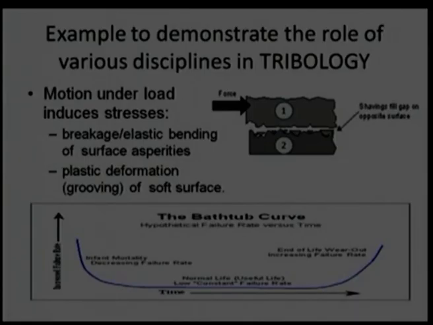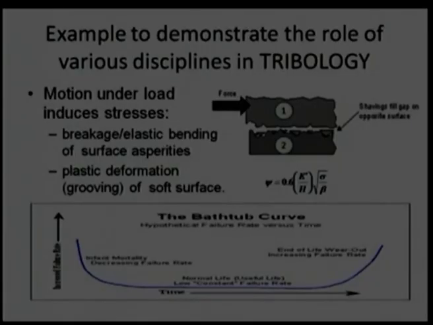Once the useful life of the component is over, the wear rate will again increase, and that will increase the clearance between components, the noise, and the vibration between components, and we need to replace that component. So, based on tribological knowledge, we can minimize excessive wear and enhance the life.